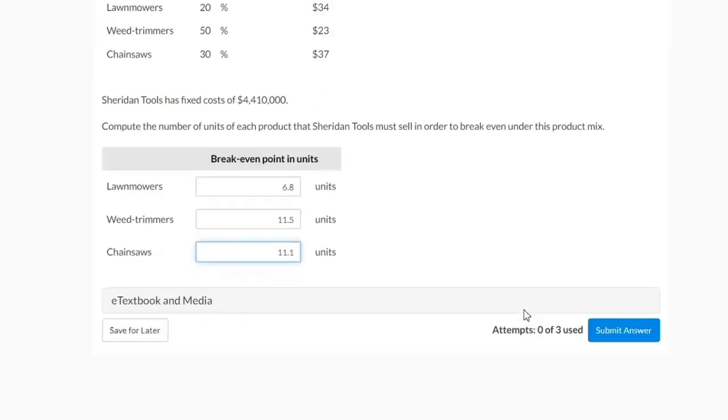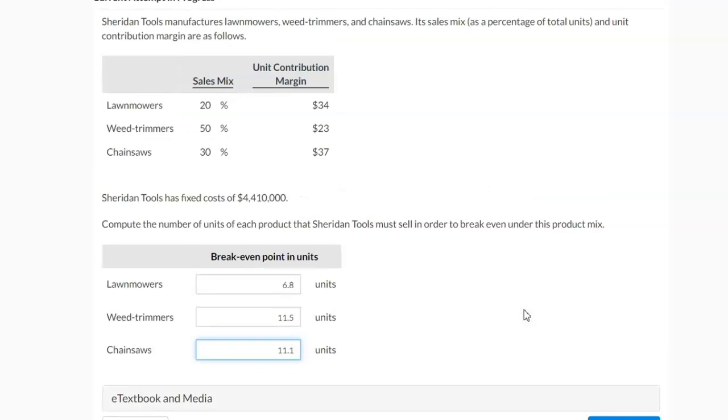Now add those together and you get your weighted average contribution. 6.8 plus 11.5 plus 11.1. That is 29.4. Okay, keep that aside. 29.4 is your weighted average contribution margin.